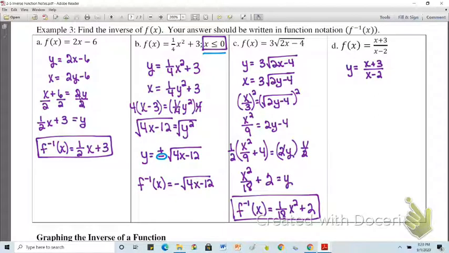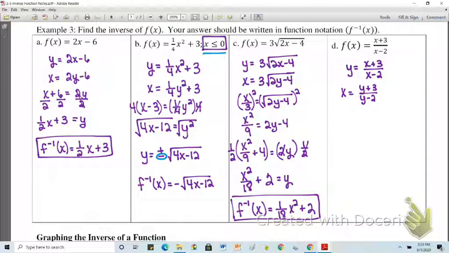Step 2, I'm going to switch my x's and y's. Now you'll notice something different. I now have 2 y's. In order to solve for y, I need to get it down into 1. So that's going to be our goal.